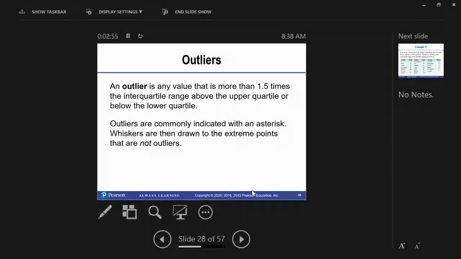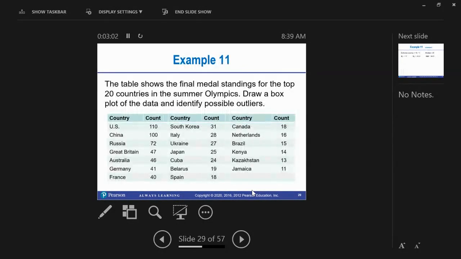So let's look at an example of how to see if you have an outlier with some data. This table shows the final medal standings for the top 20 countries in the Summer Olympics. We want to draw a box plot of the data and identify possible outliers.